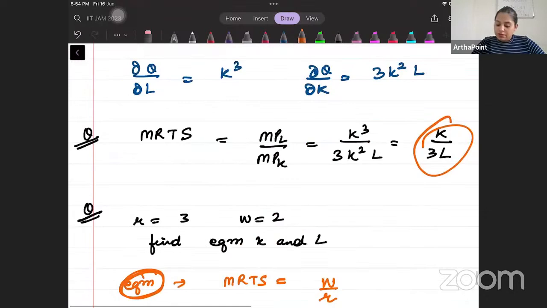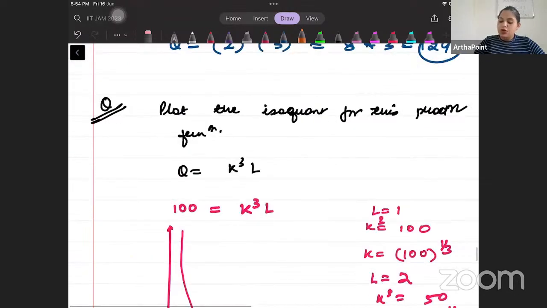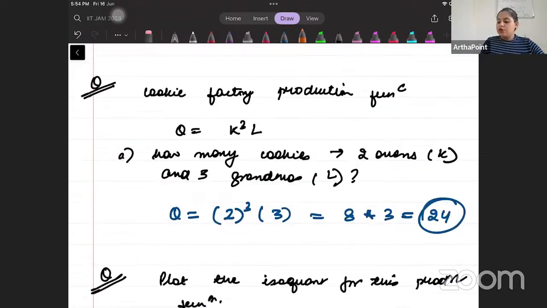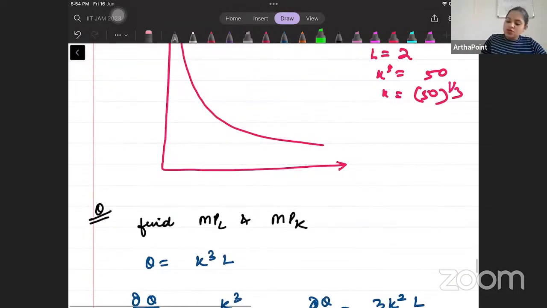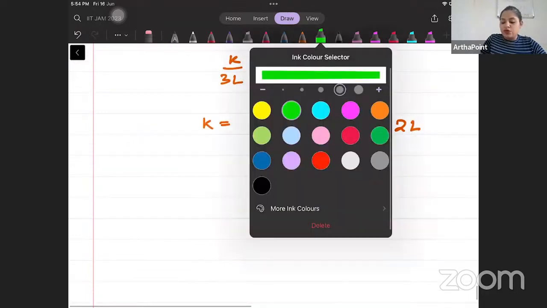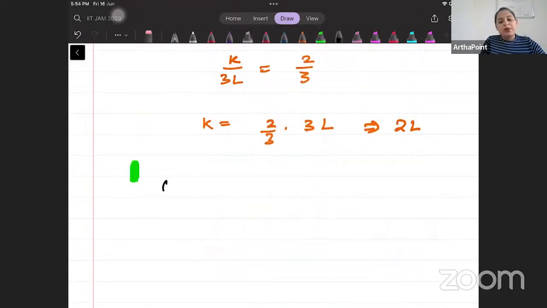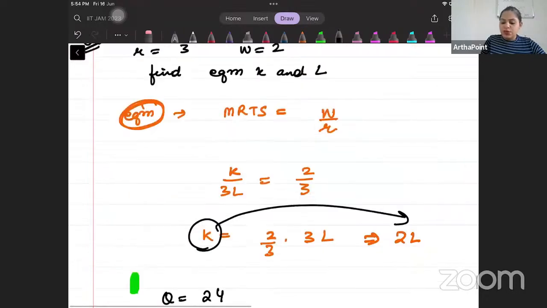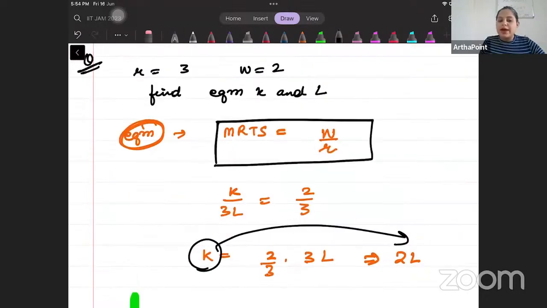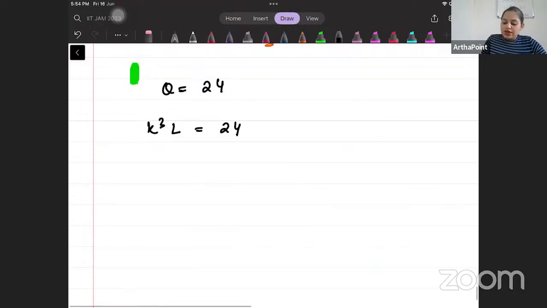Now, if you remember, my output was 24. I wanted to produce 24 units, suppose. So suppose it tells you that you want to produce 24 units. So beta, Q will be 24. Q kya tha? K cube into L will be 24. But beta, K is 2 times L, from this equation that MRTS is equal to W by R. So K is 2 times L. Whole cube into L. This is 24.